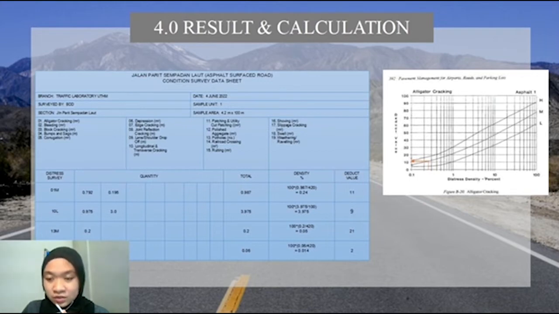To find the deduct value, we need to draw a straight line from 0.24 of the distress density and make sure it intersects at the M line. From that intersection point, we can draw a horizontal line and make sure it intersects at the deduct value. From there, we get the deduct value, which is 11. Repeat all the steps for the rest of the distress survey.